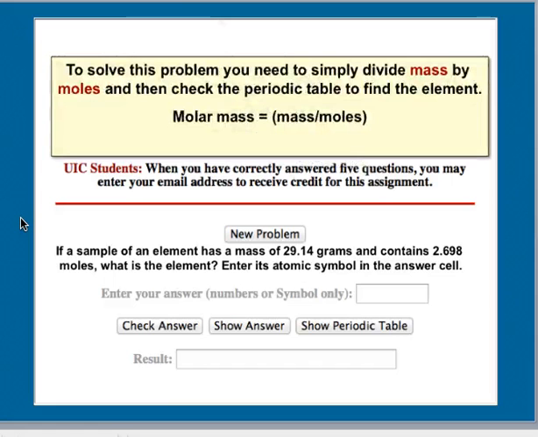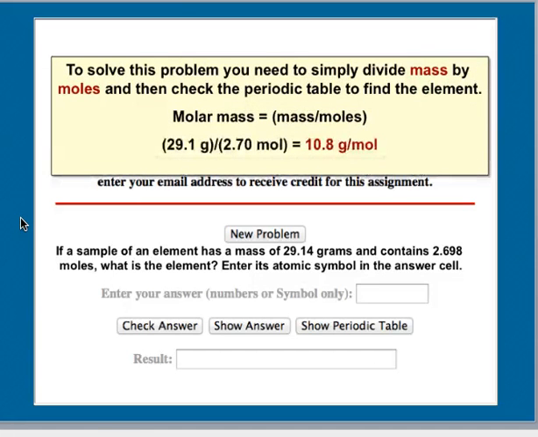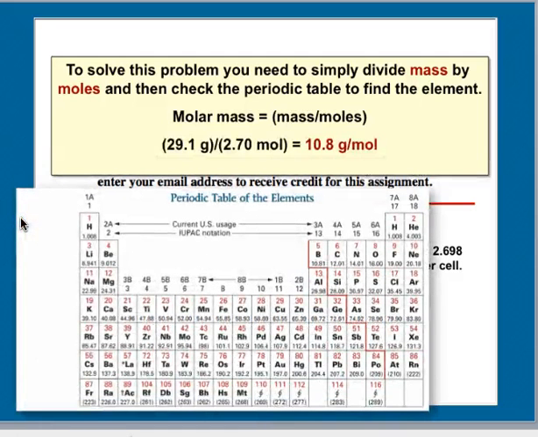Our molar mass is going to be mass divided by moles. We have 29 grams, we have 2.7 moles. We divide them together, 10.8 grams per mole. That's our molar mass. Then you look at your periodic table, and we're looking for about 10.8. 10.81, by gosh, it's boron.